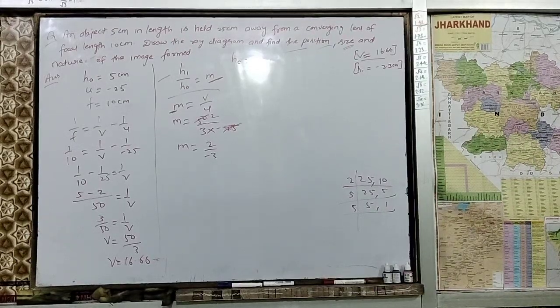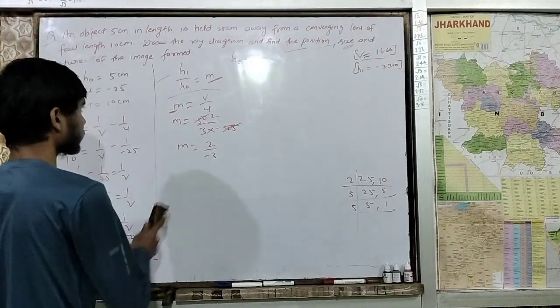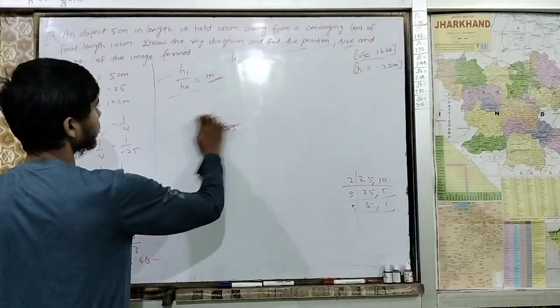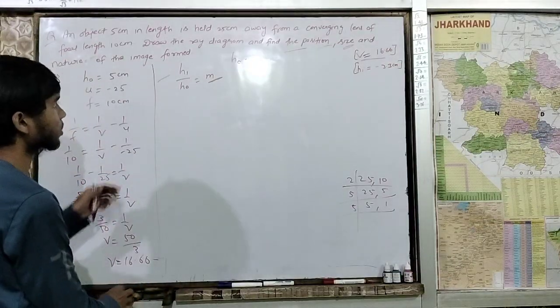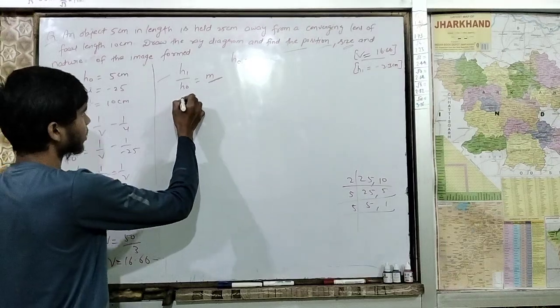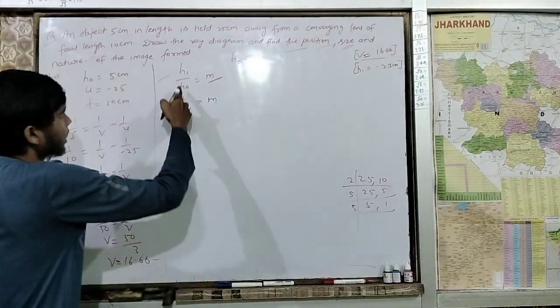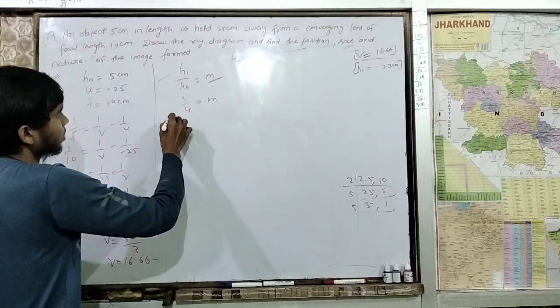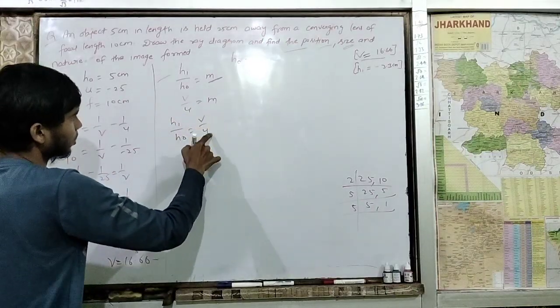Can you say hi upon ho? Look over here. This is the first formula, and next is what? v upon u is equal to m. So we can say hi upon ho is equal to v upon u.